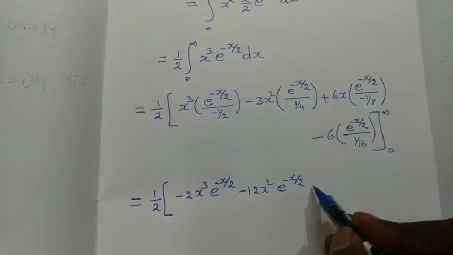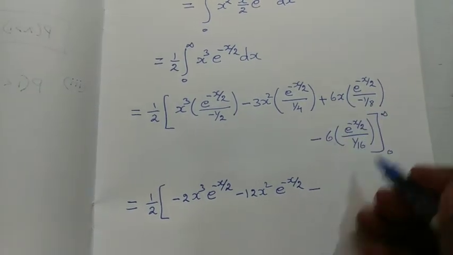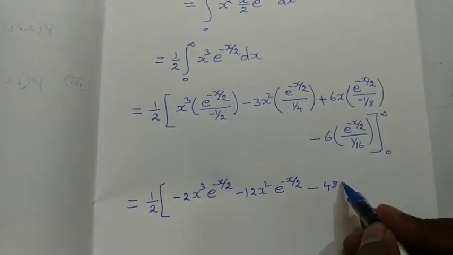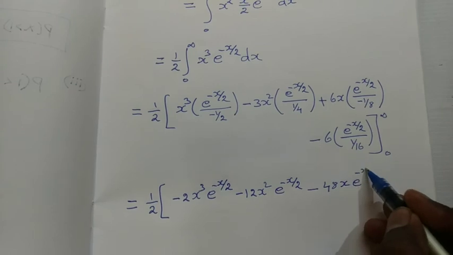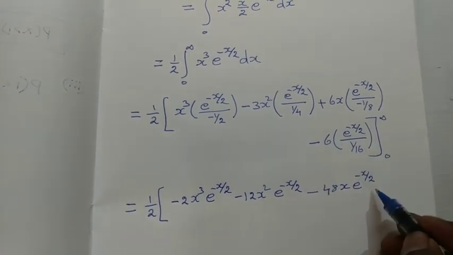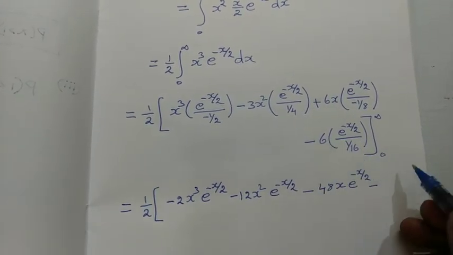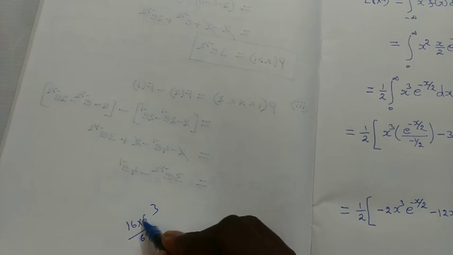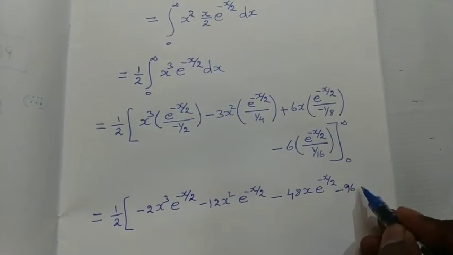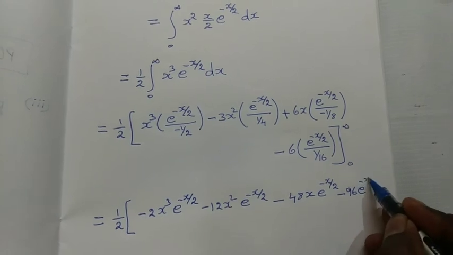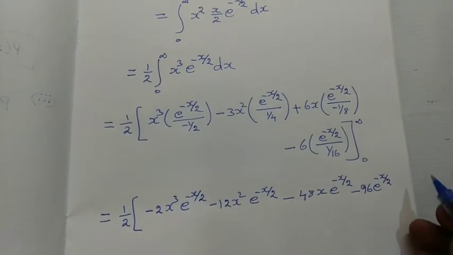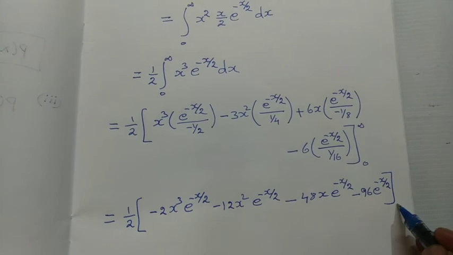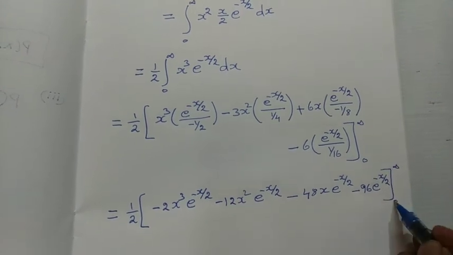Here minus 48x into e power minus x by 2. So this is minus 16 into 6. What is 16 into 6? 96. So 96 into e power minus x by 2, with the limit 0 to infinity.